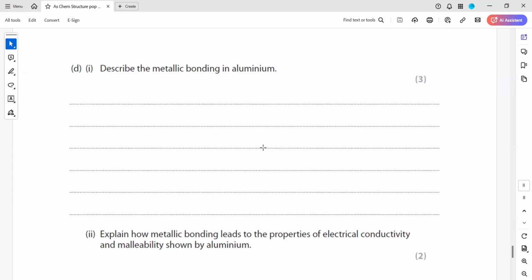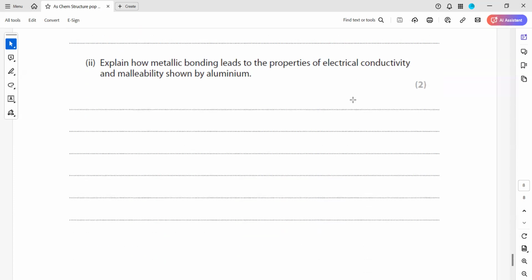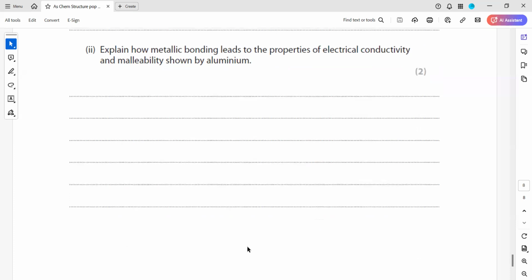In this case of aluminium, the charge on the positive ion is +3. And electrical conductivity depends on the delocalized electrons, and malleability is because the layers can slide over each other without breaking.